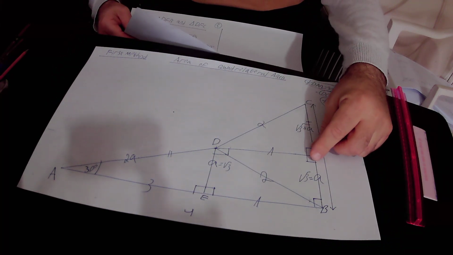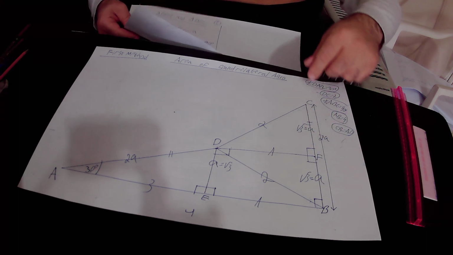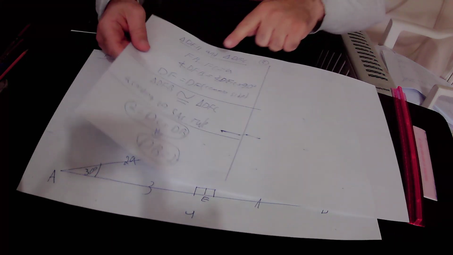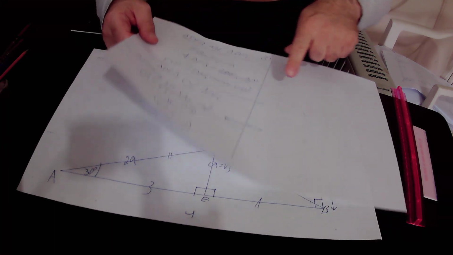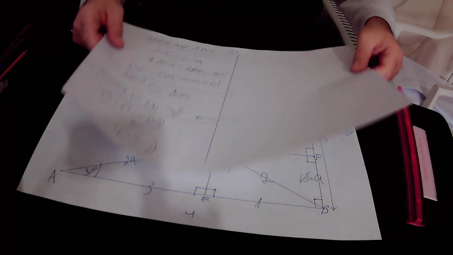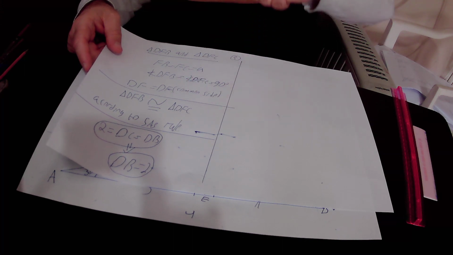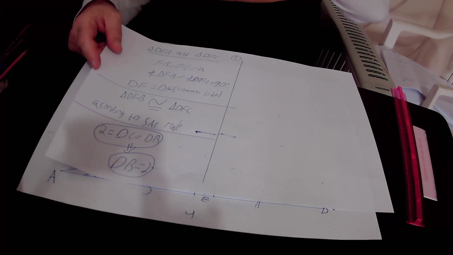Those two angles are right angles, so they are equal to each other. And we also have a common side. DF equals DF is a common side that belongs to both triangles. Therefore we proved that triangle DFB can go into triangle DFC according to the side angle side rule.